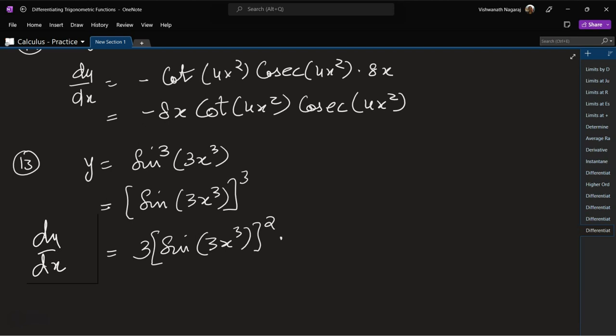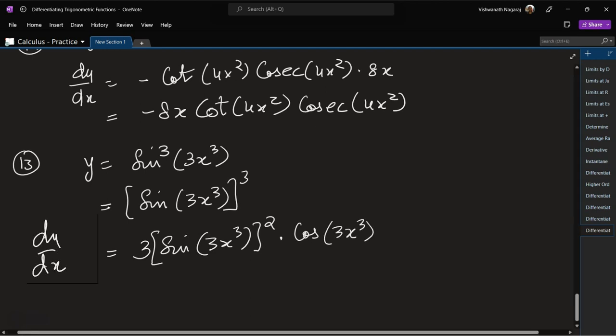So sine derivative is cos 3x cube, and finally we have to take care of 3x cube, so that gives us 9x square. So the answer is 9 times 3 is 27x square sine square 3x cube cos 3x cube.